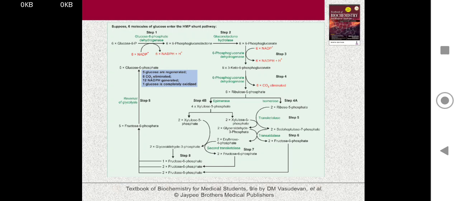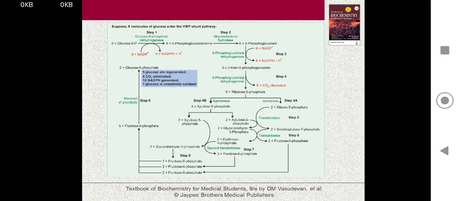Here from the 6 carbon unit, a 5 carbon unit is generated. This 5 carbon unit, ribulose 5-phosphate, is converted to ribose 5-phosphate and xylulose 5-phosphate. Here ribose 5-phosphate combines with xylulose 5-phosphate to form the sedoheptulose unit.